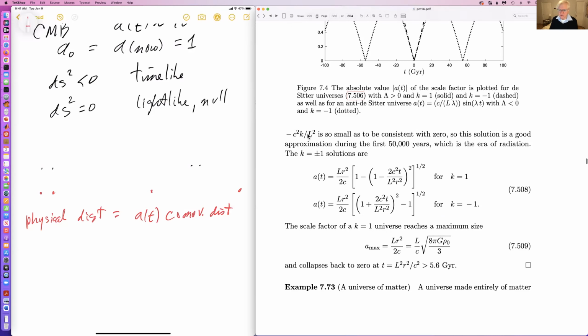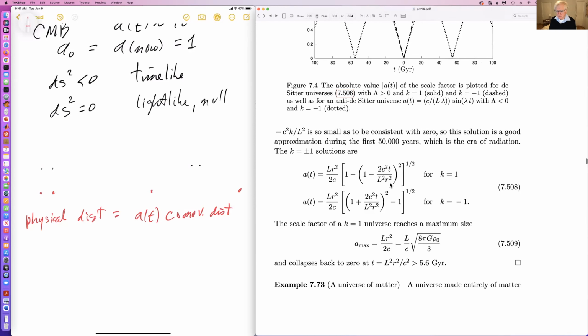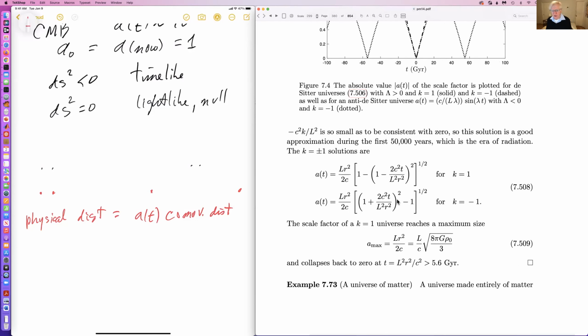In our universe, we can pretty much ignore this 1 over L squared. And so that's a good approximation during the first 50,000 years of the era of radiation. The k equals plus 1, minus 1 solutions are a little bit different, but as I said, for practical purposes, one can set L equal to infinity, and then you can forget about the value of k.